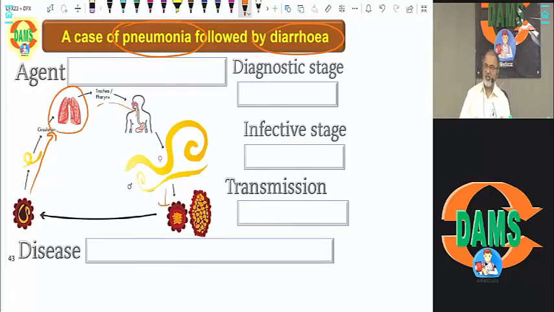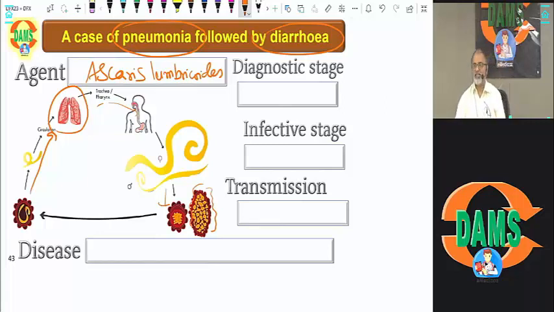What is that agent called? Ascaris lumbricoides, because you have serrated edge eggs.